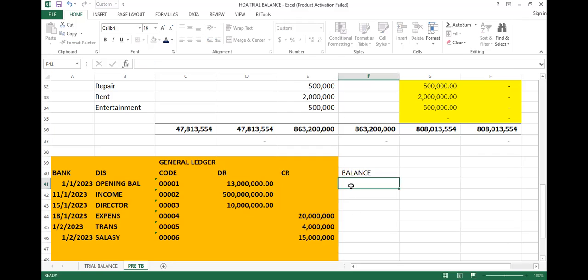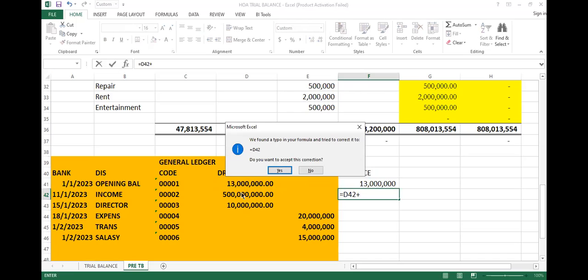So what will happen is that it will not be this minus this. It will give you 13 million naira. Then Sage will take it again, this balance you have plus this.